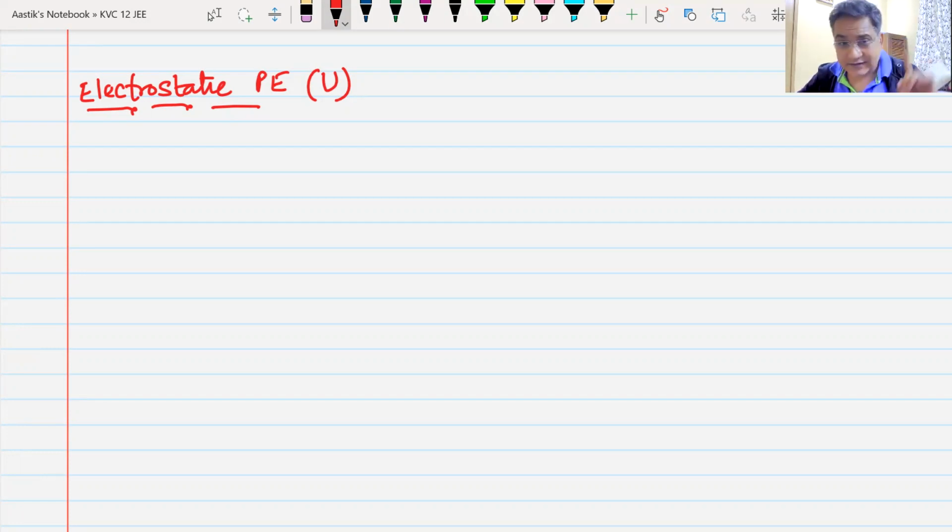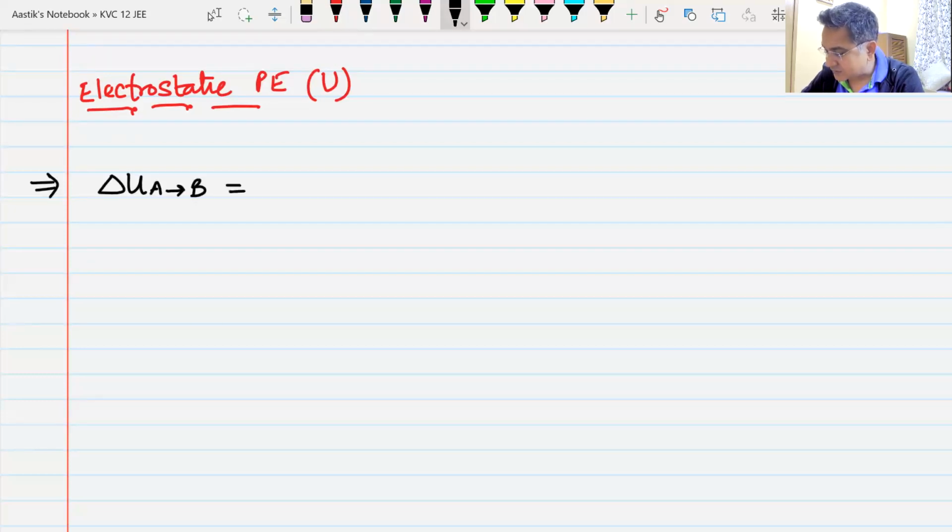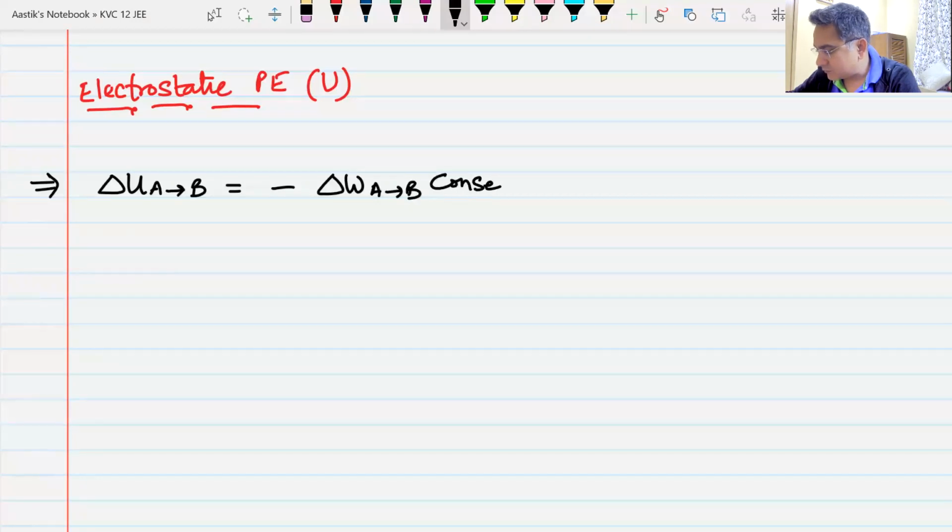So how do I define this electrostatic potential energy? This definition is important. The definition of electrostatic potential energy is like this, and I will just write it in this form and then I will say how it is said.